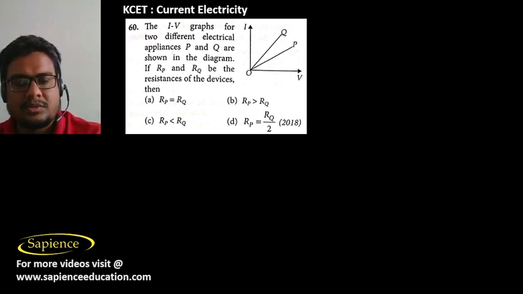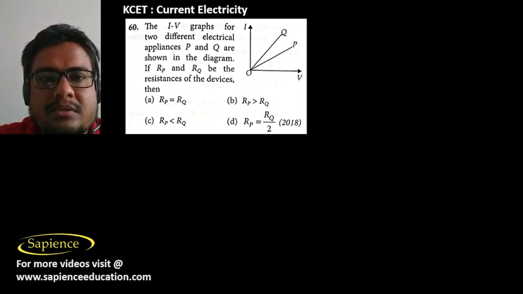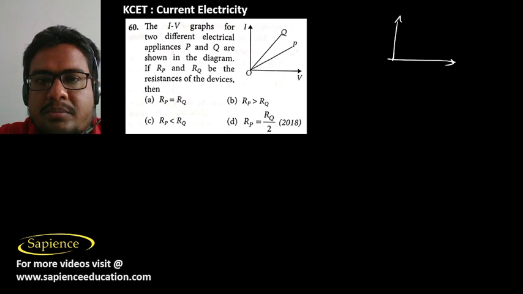And in question number 60, it is told IV graphs for two different electrical appliances P and Q are shown in the diagram. If RP and RQ be the resistances of the devices, then what is the relation between RP and RQ?